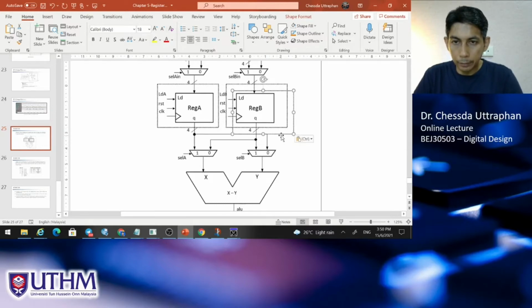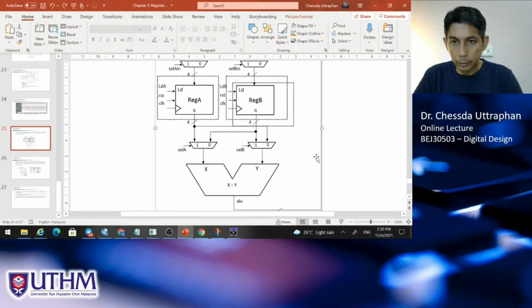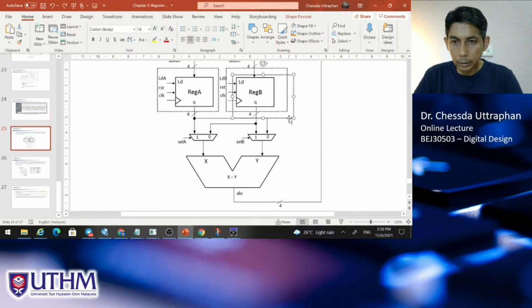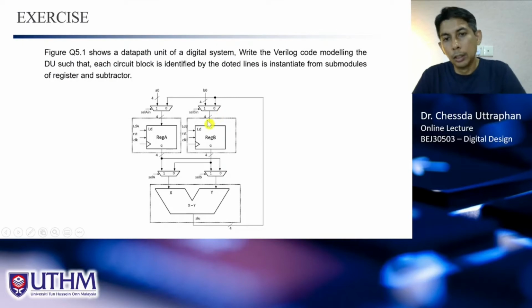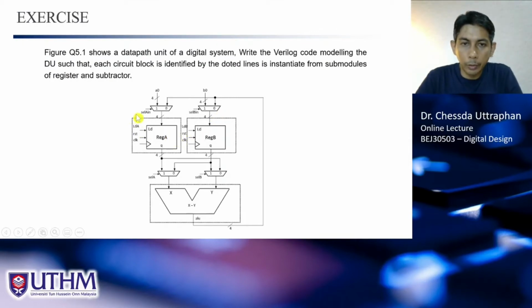We have this is another one. All right, so we have something like this where this is the dotted line and this is the register. This is another register. This is the subtractor.